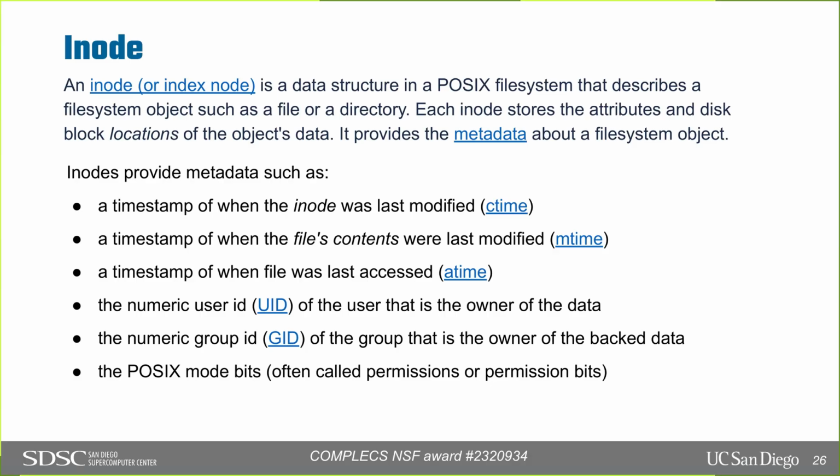And so you can imagine as you're accessing a file system, the operating system requests, I need this file. Well, the file system goes and finds that file, but it also has to look up that information. It gets the metadata about your file from the inode.